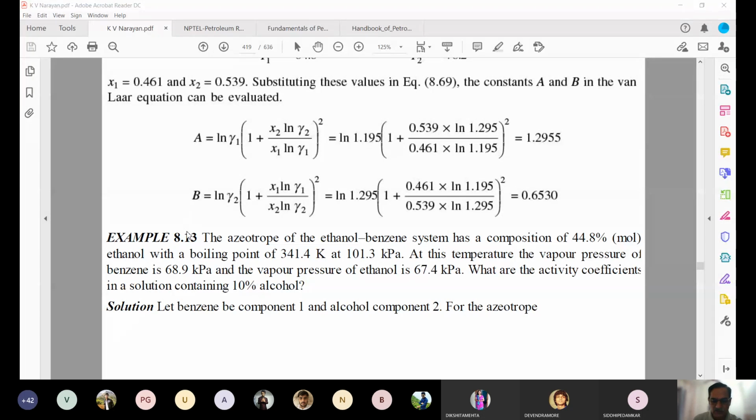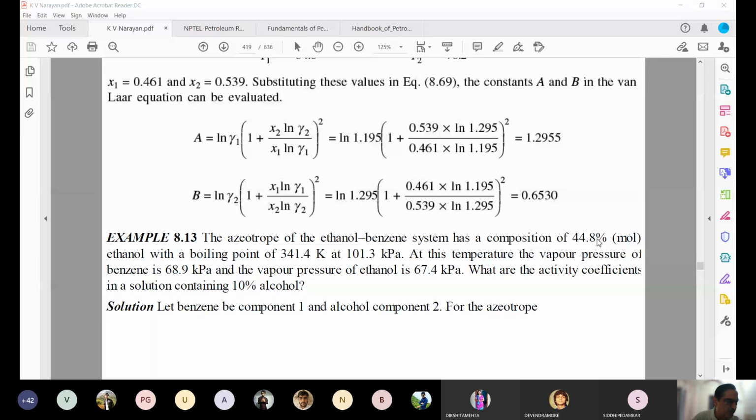See, if you use ethanol as component 1 and benzene as component 2, you get some value of A and some value of B, right? But if you reverse it, if you take benzene as component 1 and ethanol as component 2, what you will get for A is essentially B, what you get for B is essentially A, interchange हो जाएगा और कुछ नहीं होने वाला है। That's why I took this example.